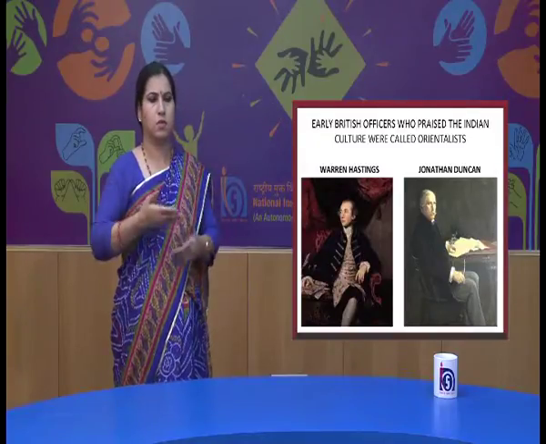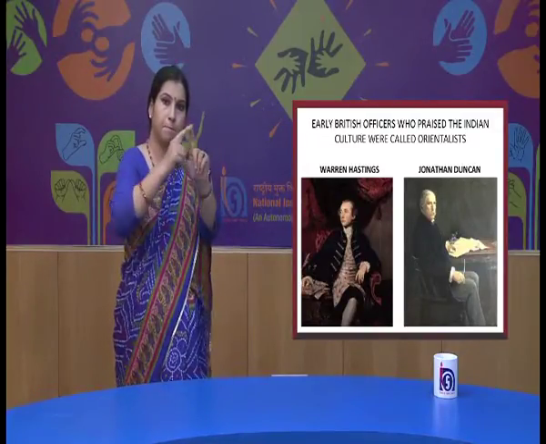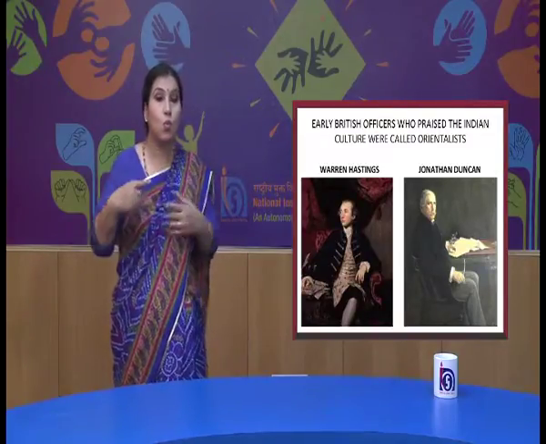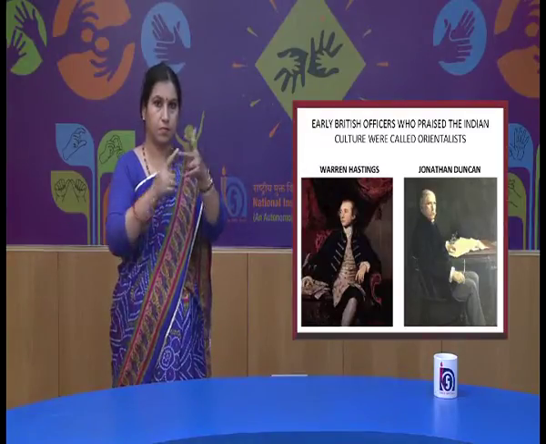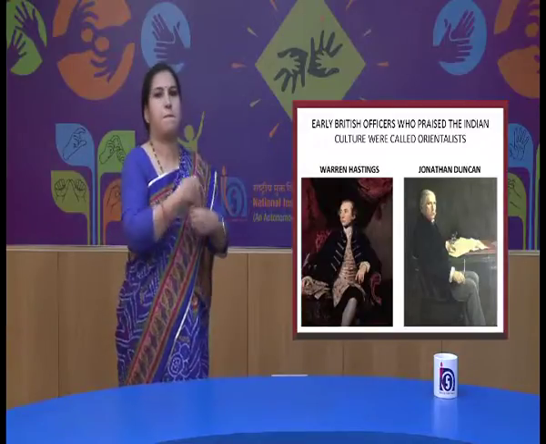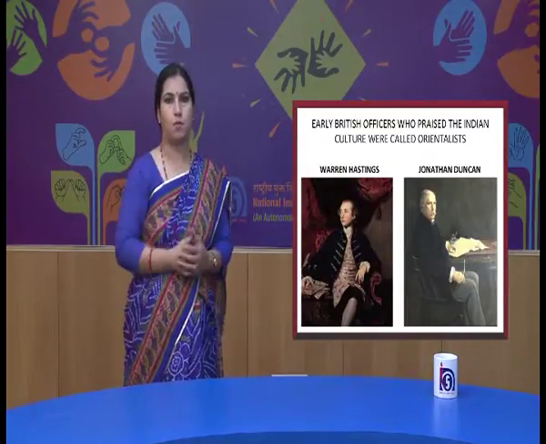Many societies were formed by these Orientalists, like the Calcutta Madrasa was formed by Warren Hastings in the year 1781, and Sanskrit College by Jonathan Duncan in the year 1794.